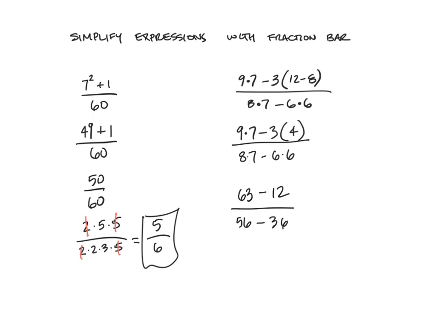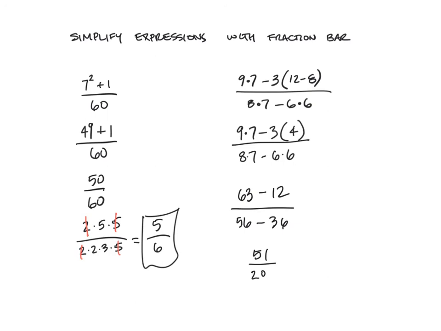And 63 minus 12 is going to give us 51. And then 56 minus 36 is going to leave us with 20. And so we'll simplify the 51/20.